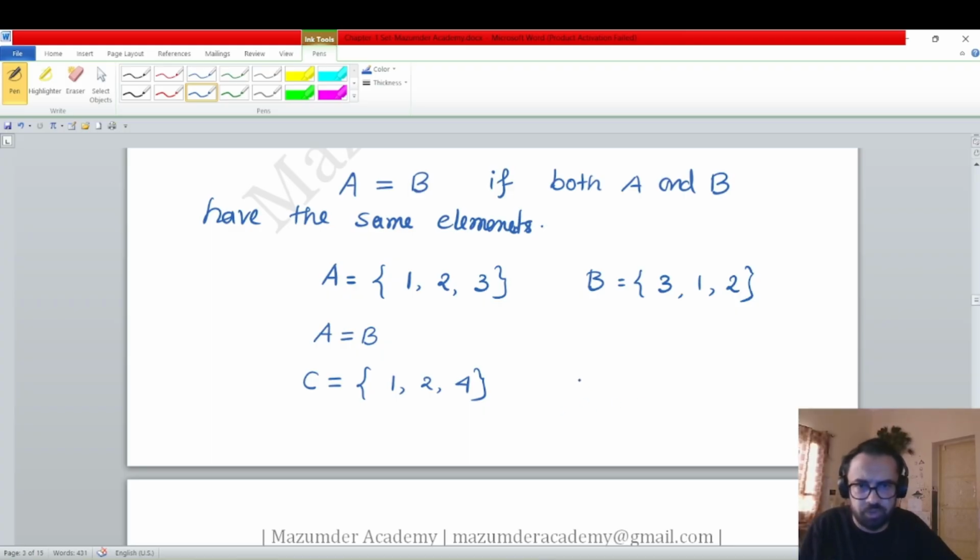In that case you can say A is not equal to C, or B is not equal to C, because if we compare A and C, 1 and 2 are the same, but 3 and 4 are not the same in both sets. Therefore, A is not equal to C. Similarly, B and C also have 1 and 2 in common, but 4 and 3 are different. Therefore, they are not equal.